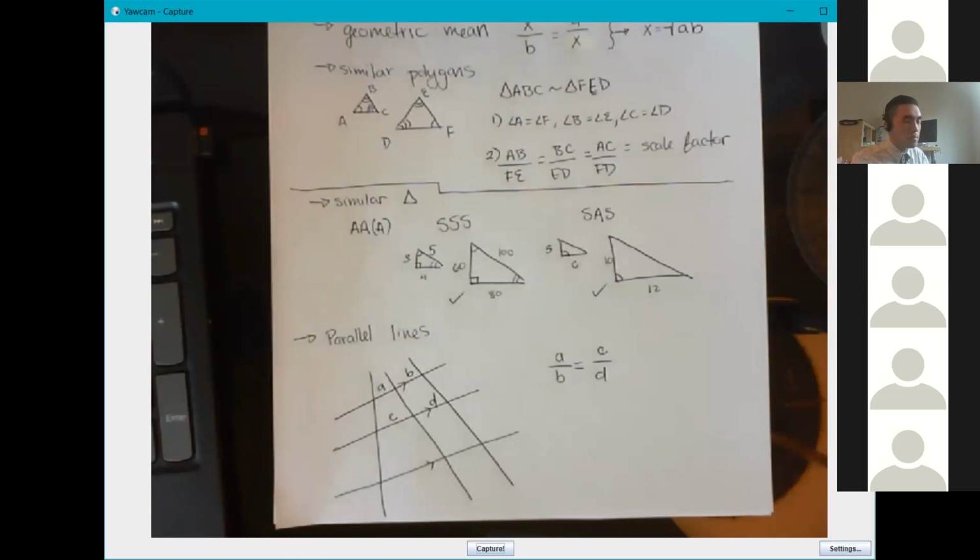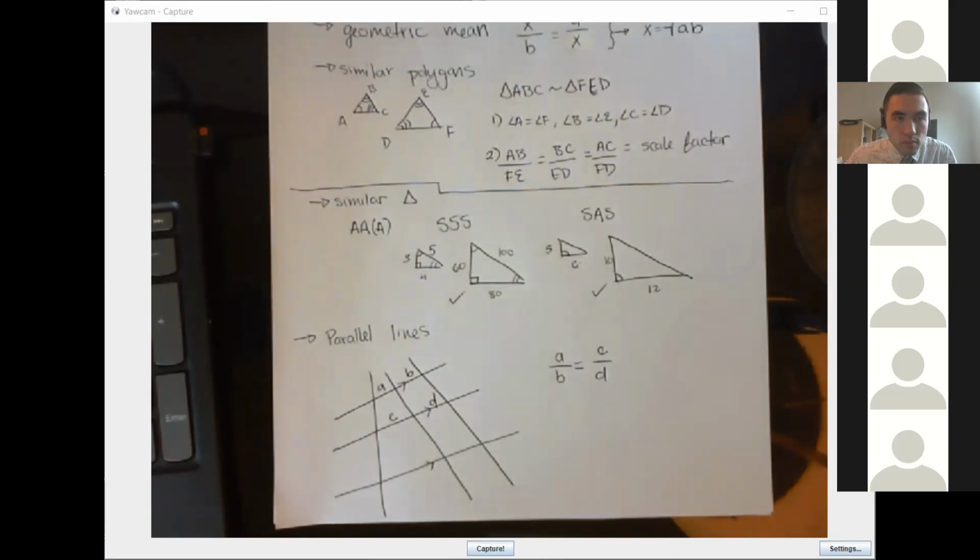Mr. Robinson, for number 3 on the chapter review, is it a Pythagorean triple or no? Question 3. The three sides of a triangle are ratios of 2 to 4 to 5. If the shortest side of the triangle is 4 meters long, find the perimeter.